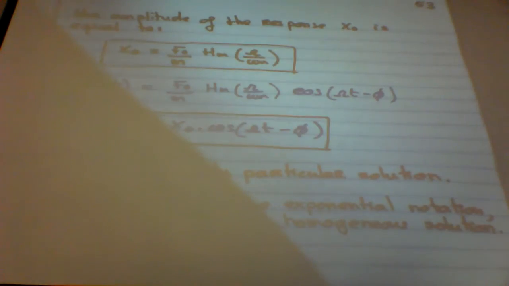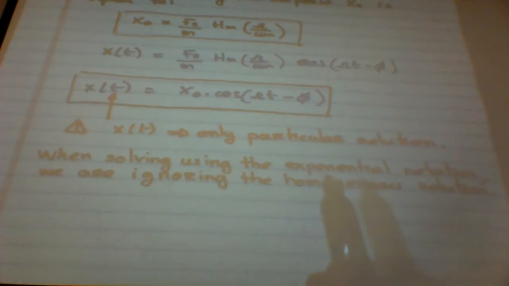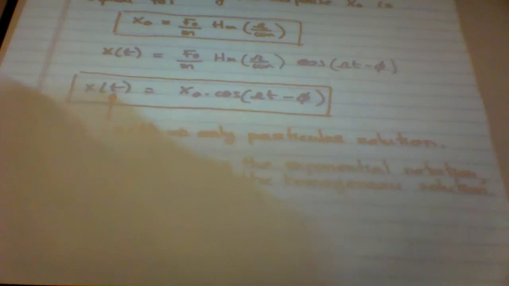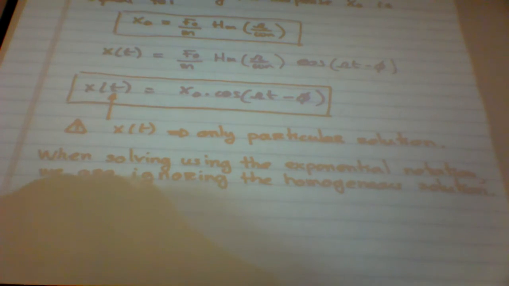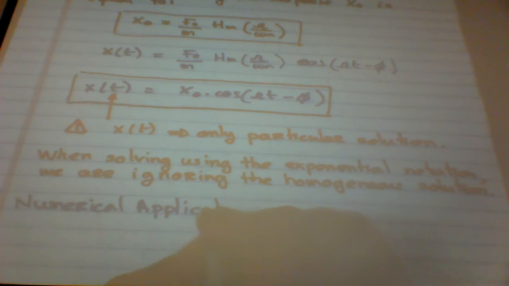What would be, and we can go and check with the numerical solution or the classic solution. So let's do it over here. Okay, so numerical application. So what would be f sub naught? What's the value for f sub naught?